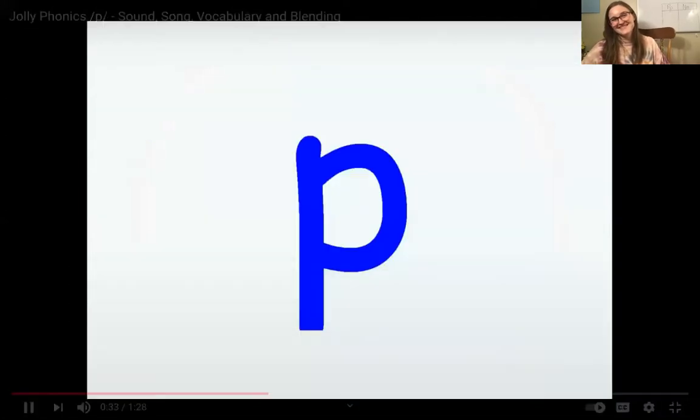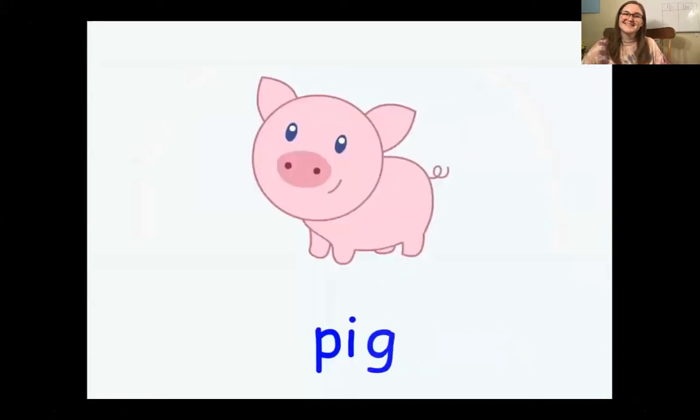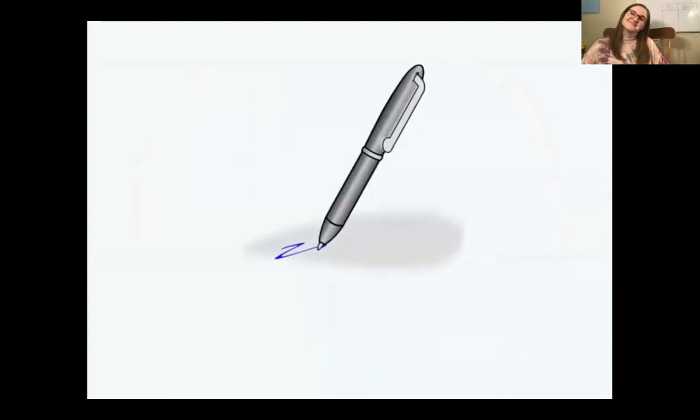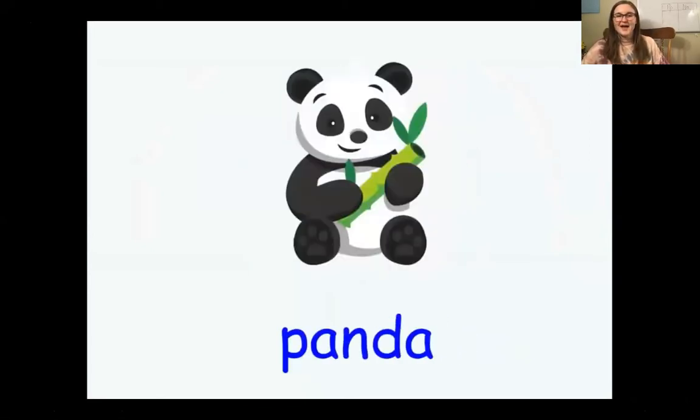Let's look at some words for P. Pig. P, I, G. Pig. Pen. P, E, N. Pen. Panda.